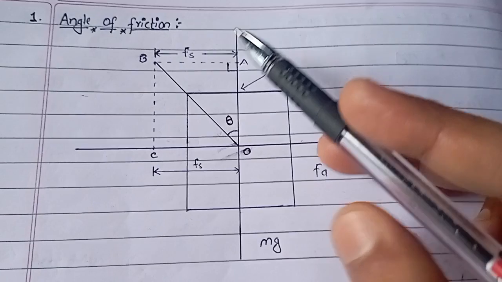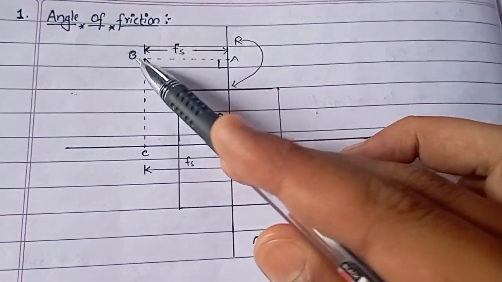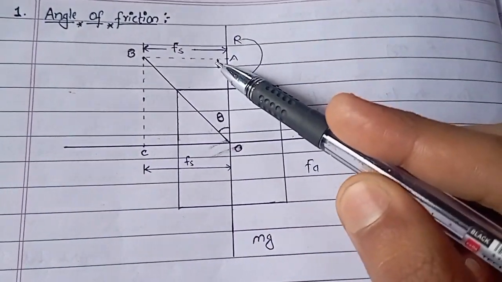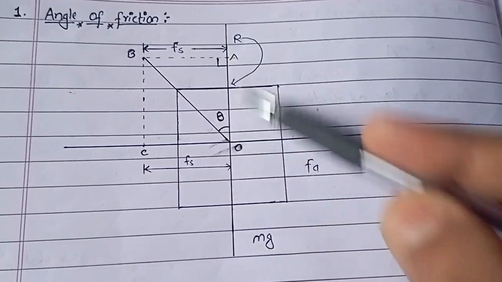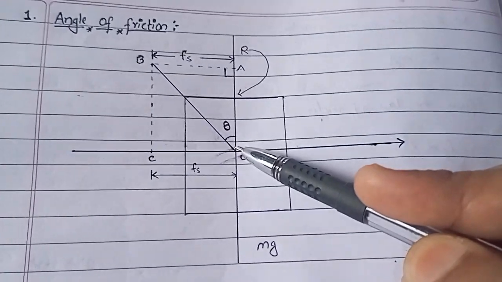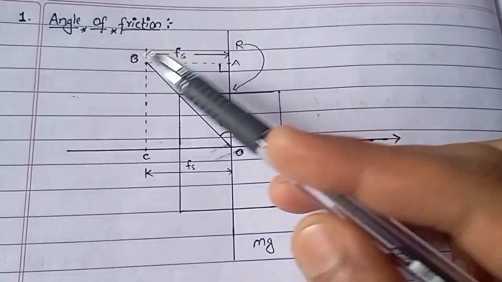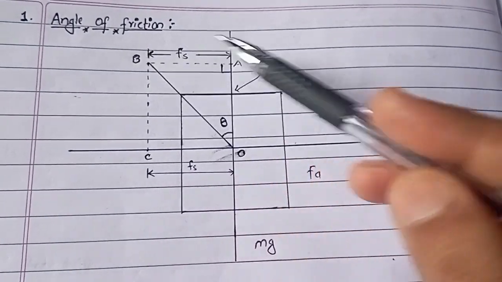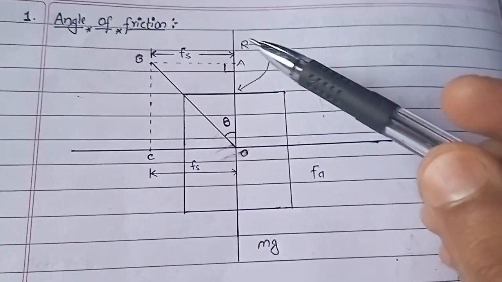The angle BOA is exactly 90 degrees. OA is the perpendicular line, OB is the hypotenuse, and BA is the base.